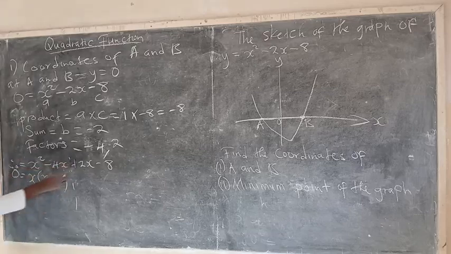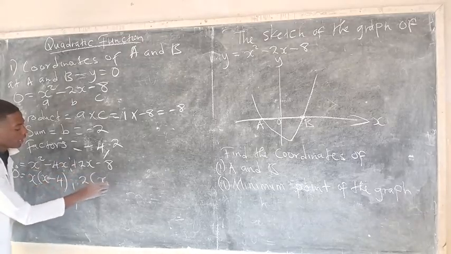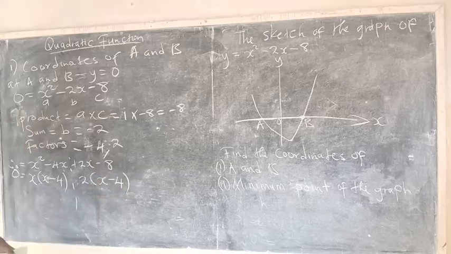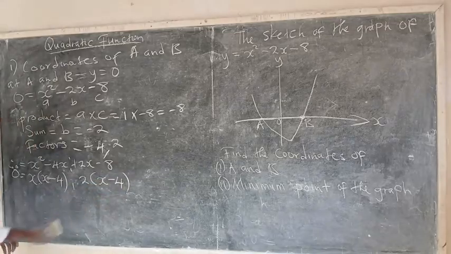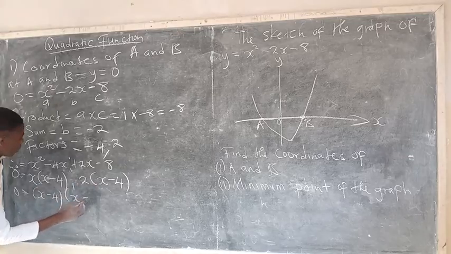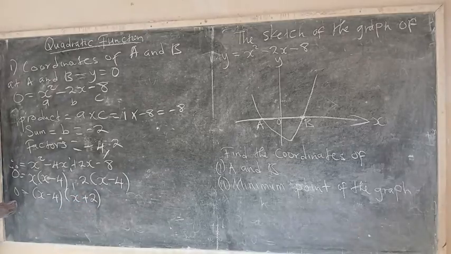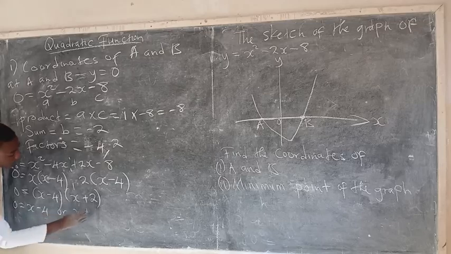Here we are also going to find that 2 is common, then we are going to remain with x minus 4. If the two brackets are the same, it means that you are doing the right thing. So 0 should be equal to x minus 4 as one bracket, then x plus 2. So we find that 0 is equal to x minus 4 times x plus 2.